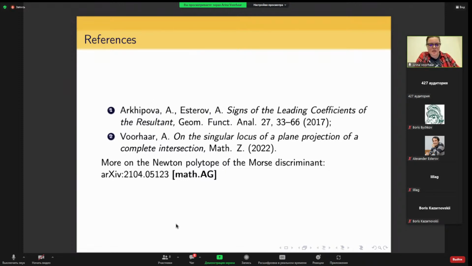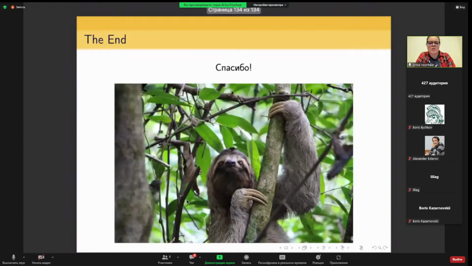And if you want to know more about what I was able to compute about the Morse discriminant in more generality, then you can look in my preprint. But it's outside of this thesis. If you're just interested, you can look at it, but I didn't rely on that. So thank you very much, and I will be glad to answer your questions.